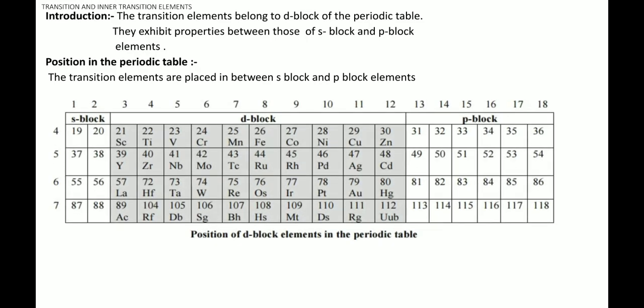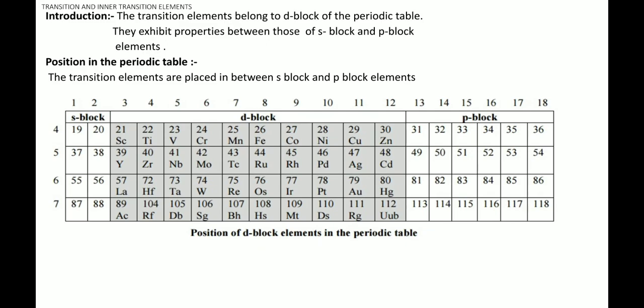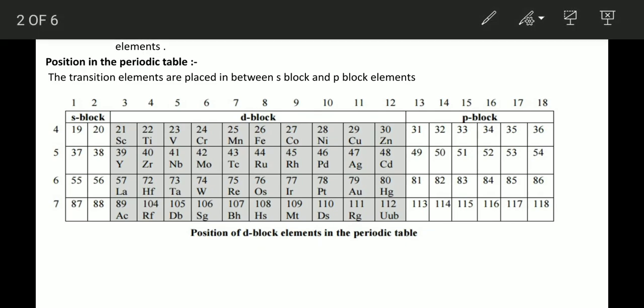Position in the periodic table. The transition elements are placed in between s block and p block elements. You can observe this structure. In the periodic table, on the extreme left hand side are the s block elements, which are called alkali metals and alkaline earth metals.